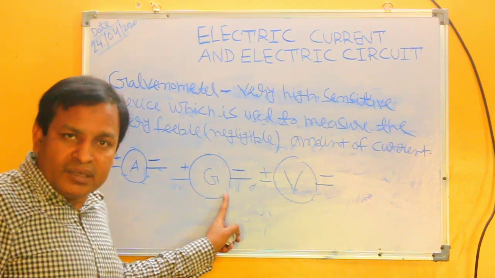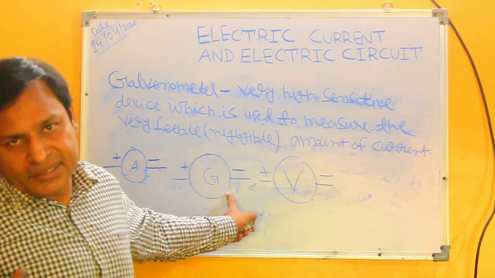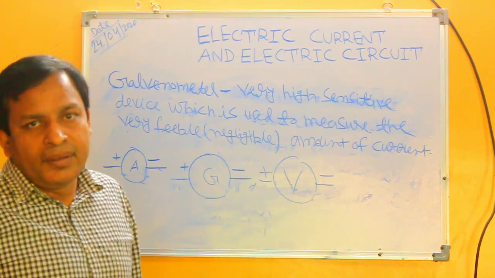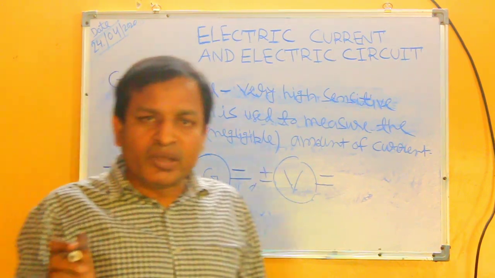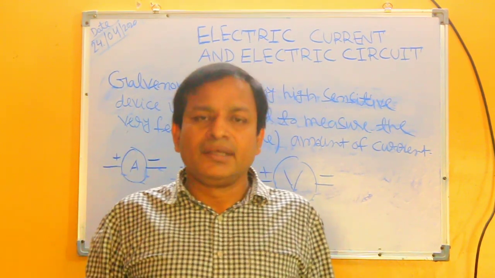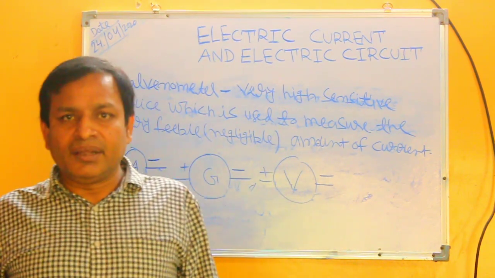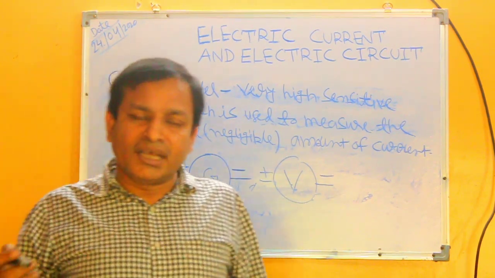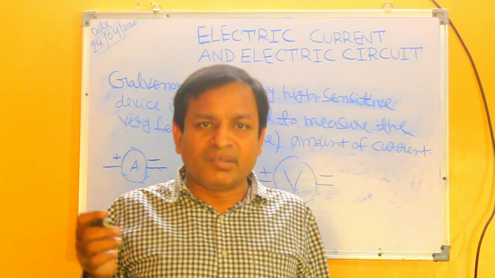Ammeter and galvanometer are always connected in series in a circuit, because if we connect them in parallel combination, then there will be a difference in the actual amount of current flowing in the circuit.